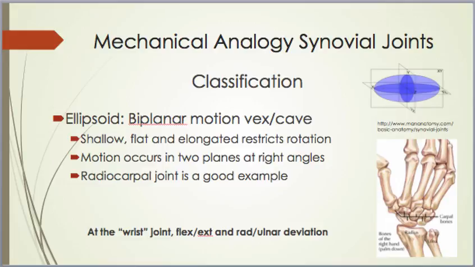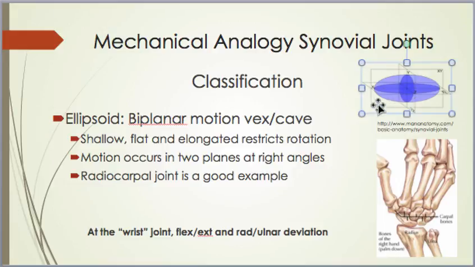So because in the open chain we have the convex surface moving on a concave surface, when we go into flexion of the wrist, we get extension or dorsal posterior gliding of the scaphoid on the radius. And when we go into radial deviation, we get a slide or a glide in the ulnar deviated position.